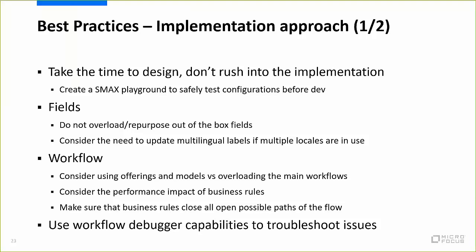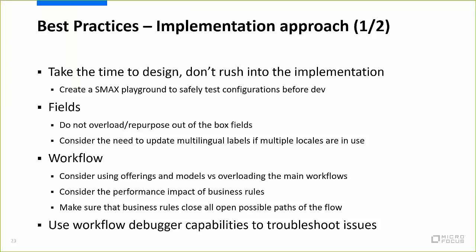For the workflow, consider as much as possible using offerings and models. That's where the specificity of each use case should go, rather than overloading the main workflow with many if conditions and rules, which then will slow down and impact the performance of your system.